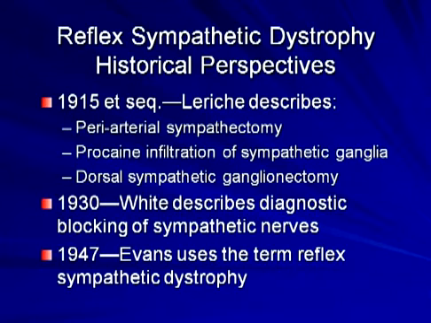And he based this on what was believed to be occurring physiologically, that it was thought to be a reflex response involving the sympathetic nerves because of what was described by Lariche and White, and that the extremity involved typically became dystrophic. So he put together reflex sympathetic dystrophy as a term for this condition, and it's stuck with us ever since.